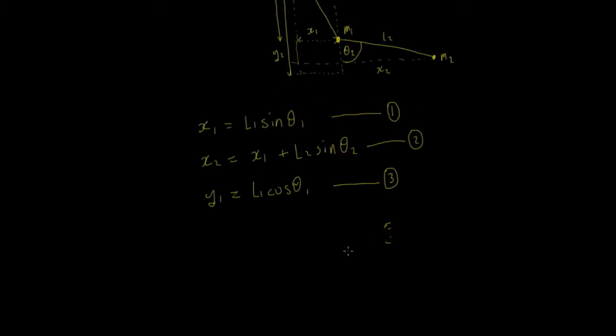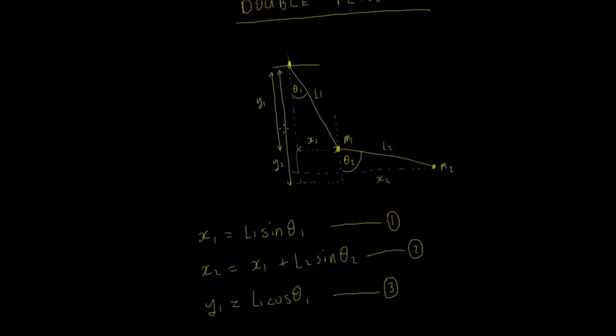Okay, now we can also look at this distance here, which is the full distance y2. So y2 is the y1 plus this extra distance here, which is this height here.